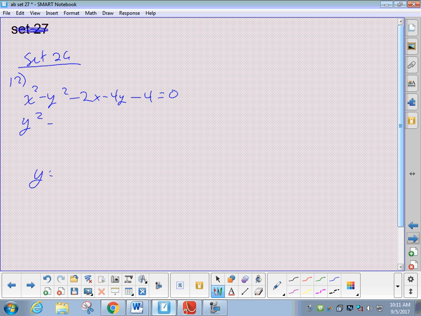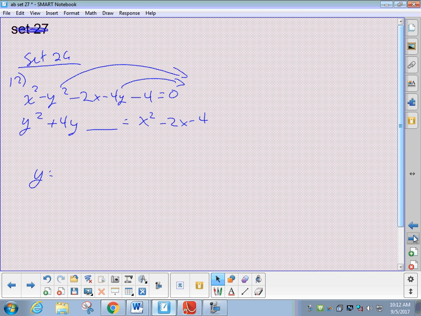I had trouble once I got to this point. I say, okay, I can get the y's together on one side, which I move over there to be positive, and everything else on the other side, and I'm cool, but then how do I solve for y? Because I have this different power thing. Well, that's why completing the square was created, to deal with that different power thing.